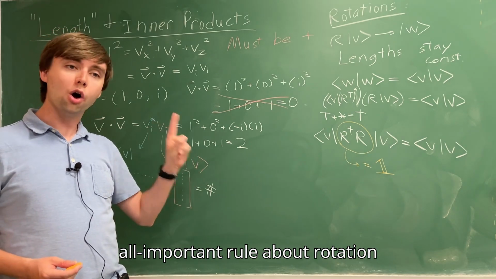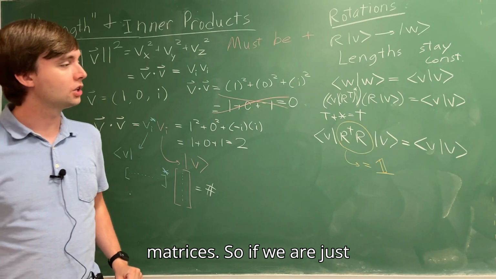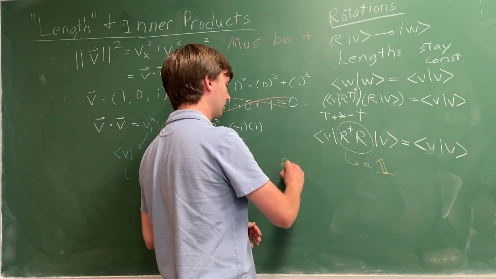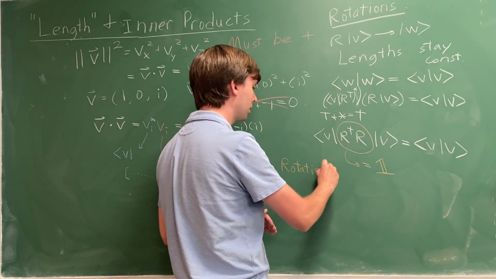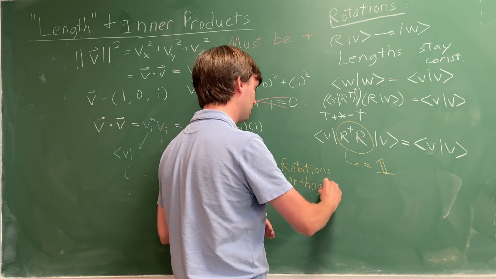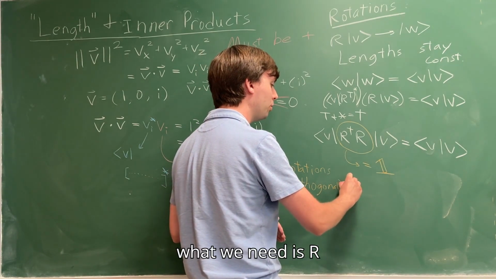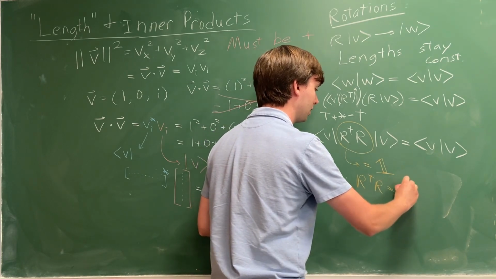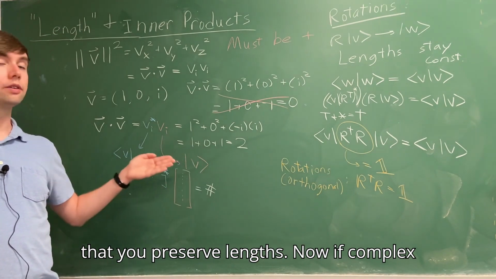So this is the all-important rule about rotation matrices. So if we are just doing normal rotations, and again, reflections might do this too, so I'm going to call these orthogonal. What we need is r transpose times r gives you the identity. That's the rule that you preserve lengths.